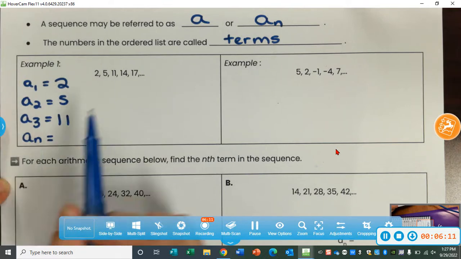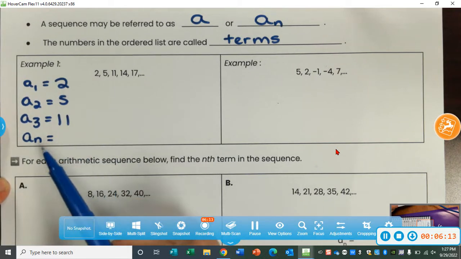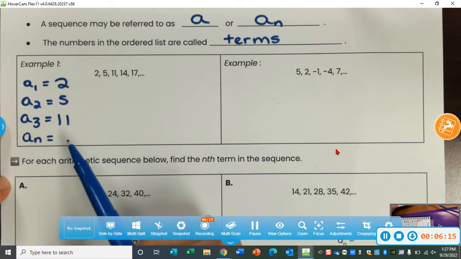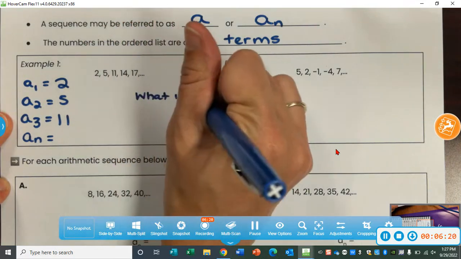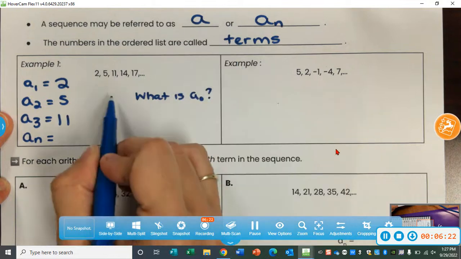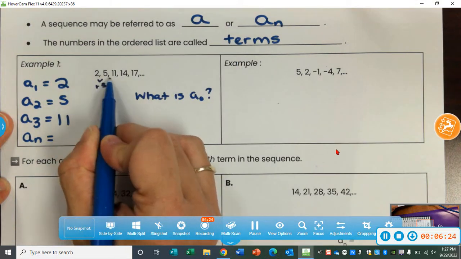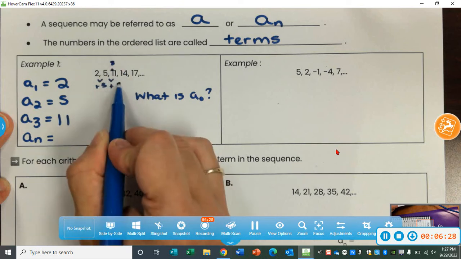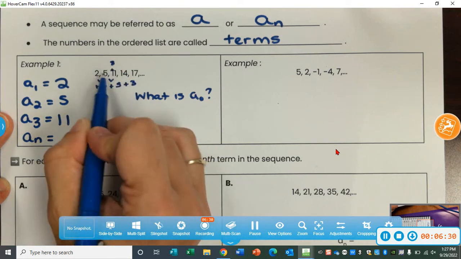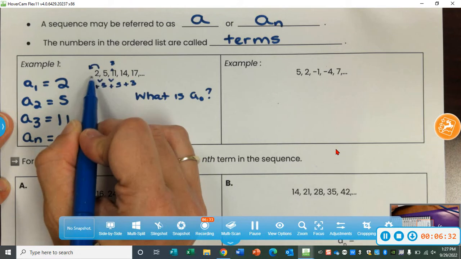So we want to know what formula we could use to eventually find out what any term is. So first, to do this, we need to know, well, what is A0? We know that here we have to go plus 3. Oops, this should be an 8 here. That means to find out what A0 is, we need to minus 3.